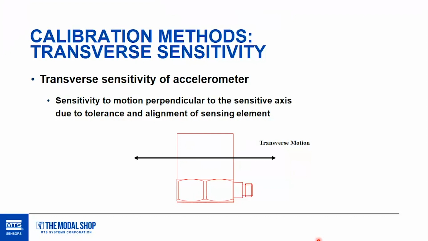So if you are vibrating in a field where you expect to be measuring up and down, but there's a ton of left and right transverse motion, there is the potential for a significant error in your measurement, because you're measuring a thing that you think you're not measuring.